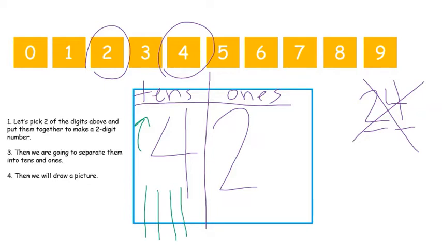Now I'm going to draw my ones. 1, 2. I drew 2 ones because of the number in the ones column. So let's count that all together. We have 10, 20, 30, 40, 41, 42.